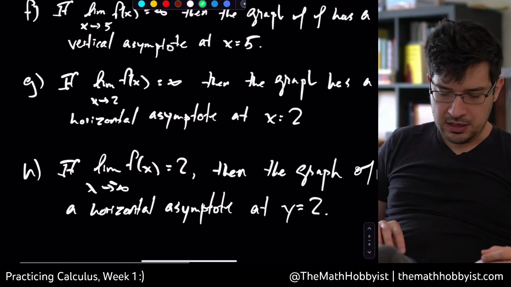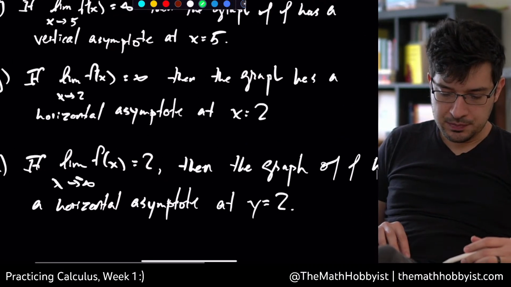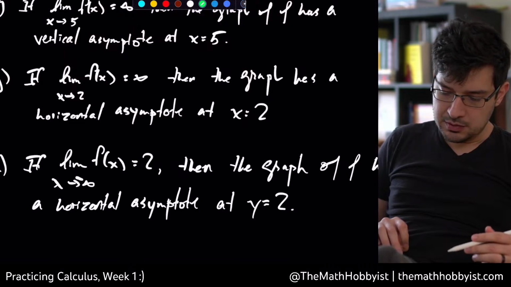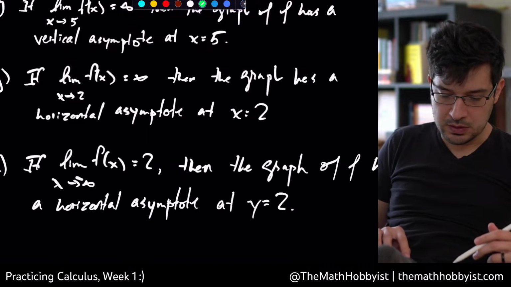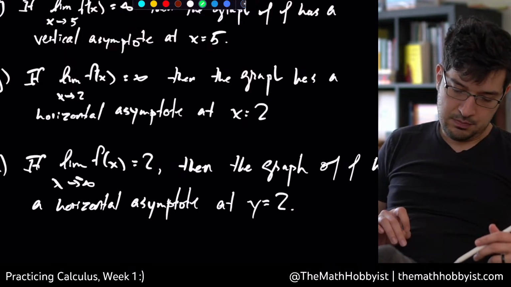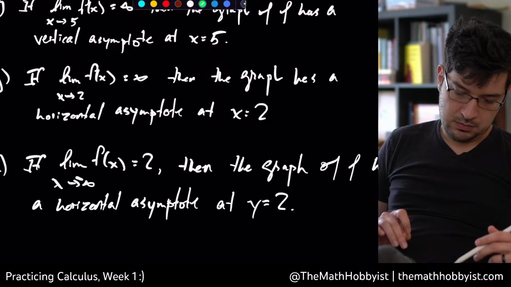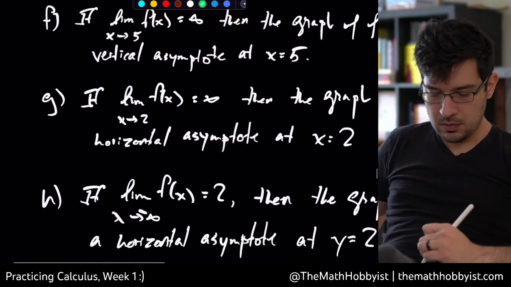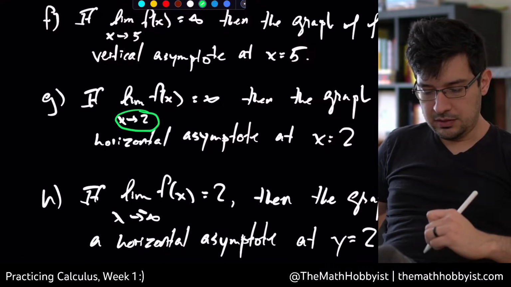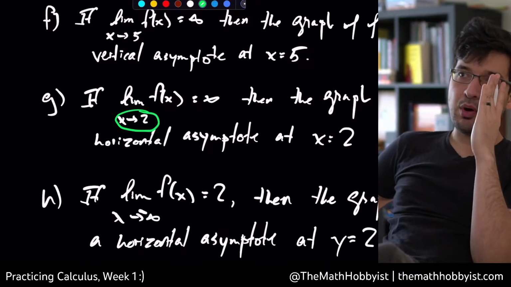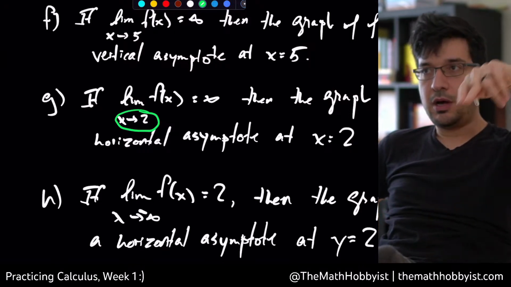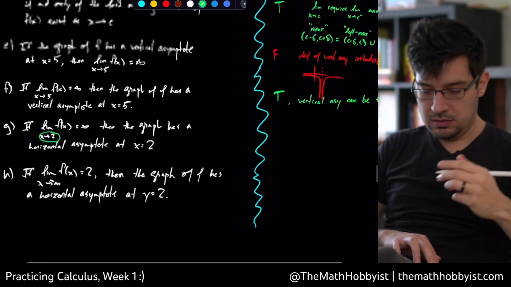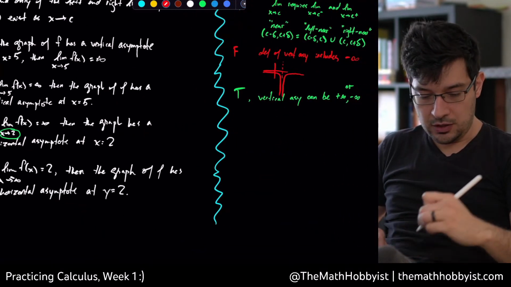Okay, if the limit as x tends to 2 grows without bound, then the graph has a horizontal asymptote at x equals 2. No. This is false, because if x approaches a point and the value grows to positive infinity, then this would be a vertical asymptote.